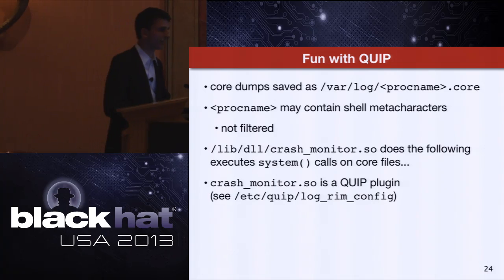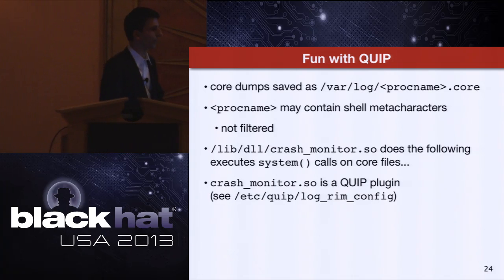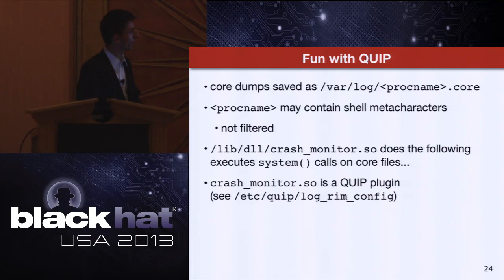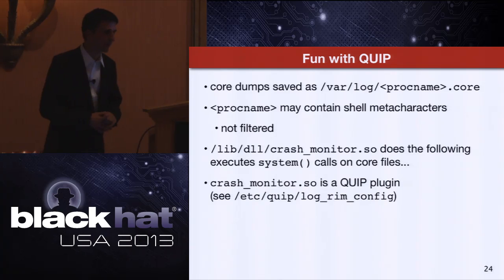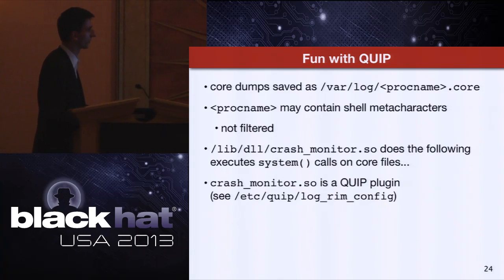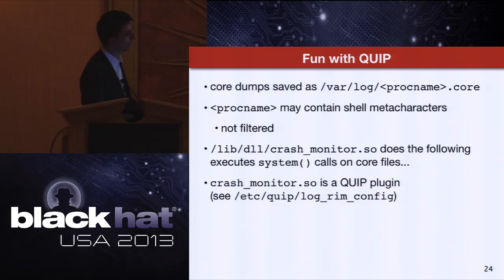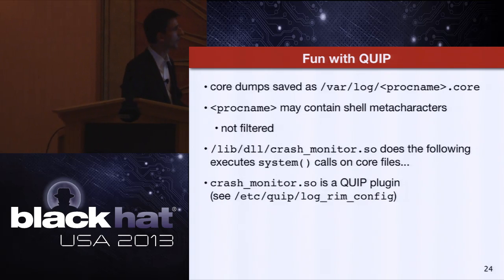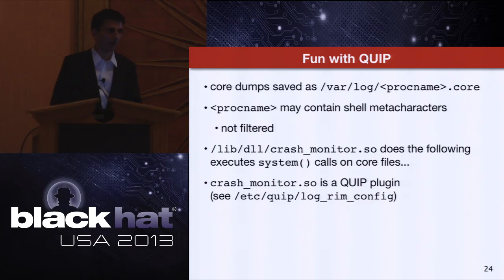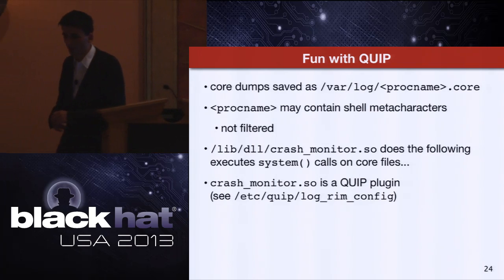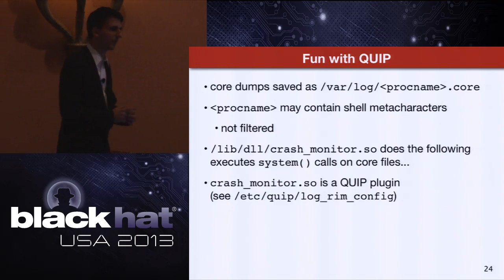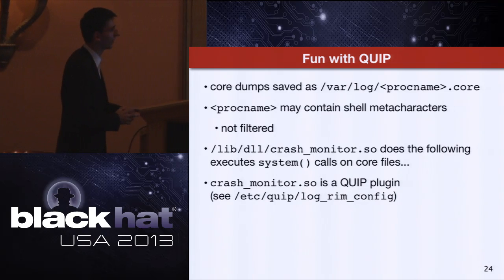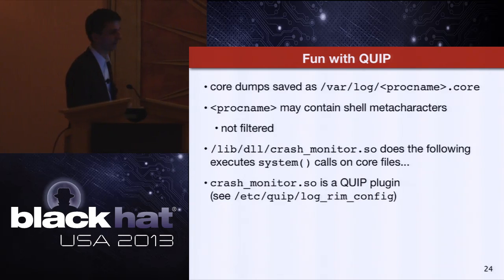And for instance, there's a plugin for this crypt that looks at the crashes, and it looks at critical crashes. And crashes are stored in var log, and they're stored according to the process name that has crashed. And again, there's no filtering going on on any of the characters, so the proc name may contain shell meta characters as well.